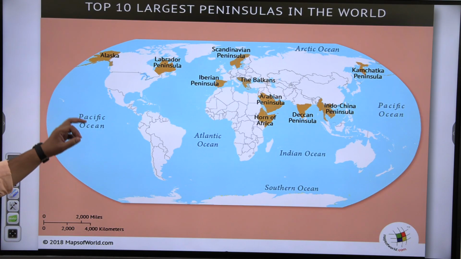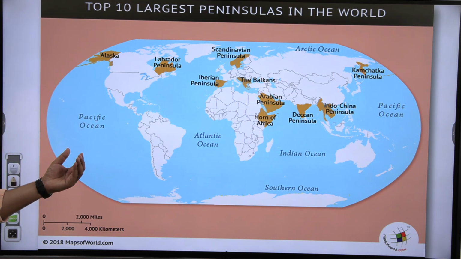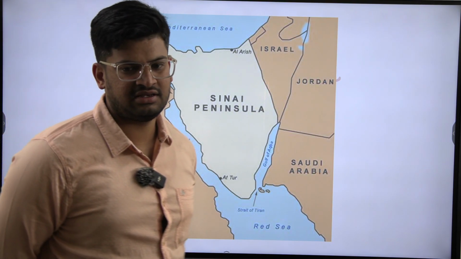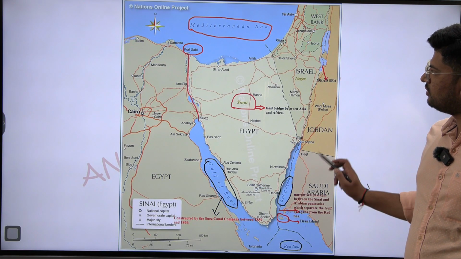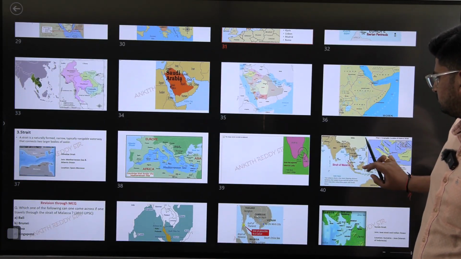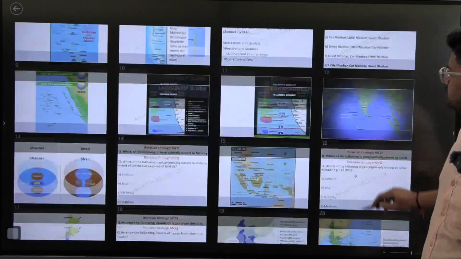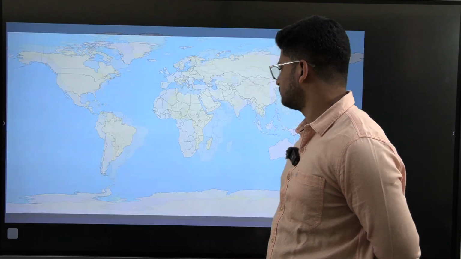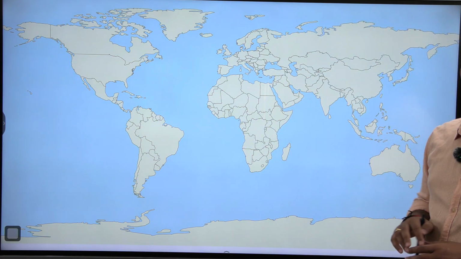One of the most strategic and always in the news is Sinai Peninsula. Now where is it located? If you closely look at the world map, see, this is Africa, this is Saudi Arabia.